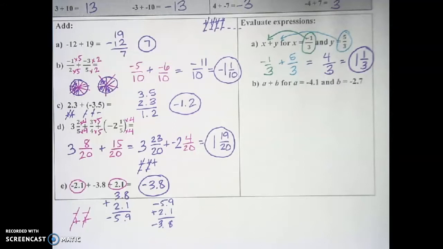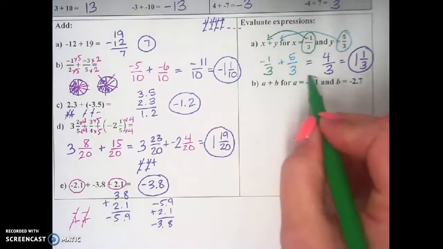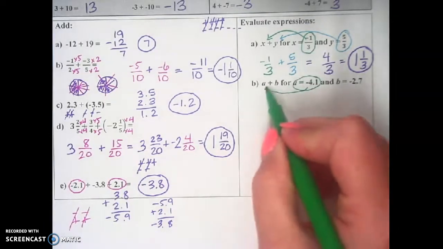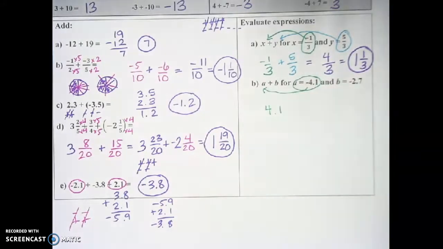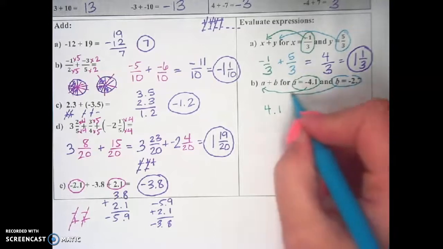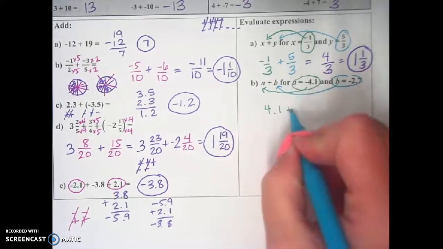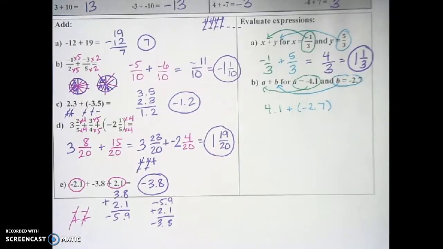Okay. Same thing here for my last one. So it says a plus b, where a is 4.1. So I'm just putting that in for a. And then we want to add b, which is negative 2.7. So he's going in there for b. With my decimals, which one is bigger?